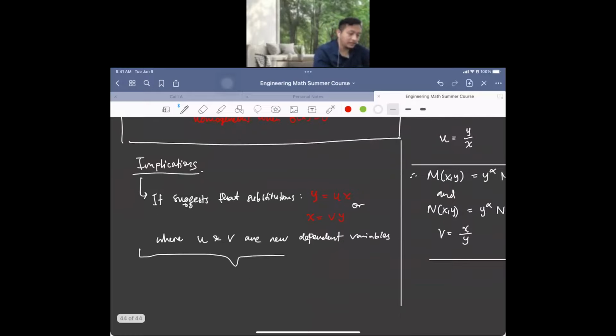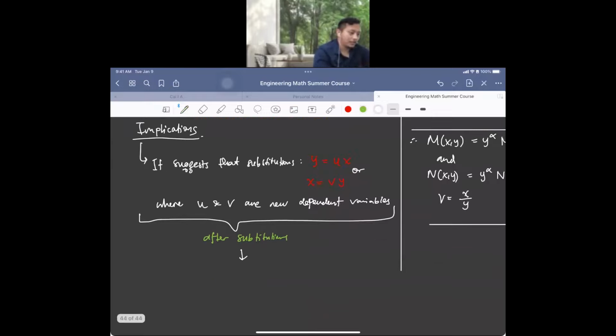So after using these substitutions, what will happen? The homogeneous equation will reduce to a separable first order differential equation.